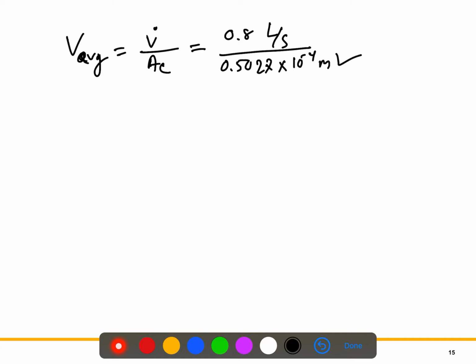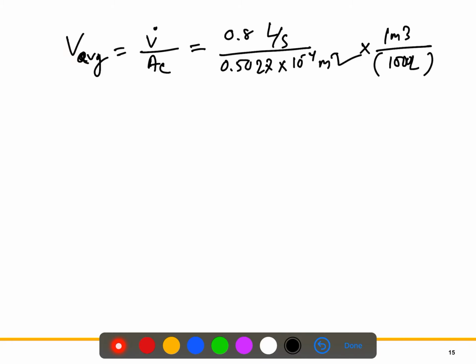If we want to convert the velocity into meter per second, we can write it like this. We multiply by 1 meter cubed and divide by 1000 liter, it should be 1000, not 100.